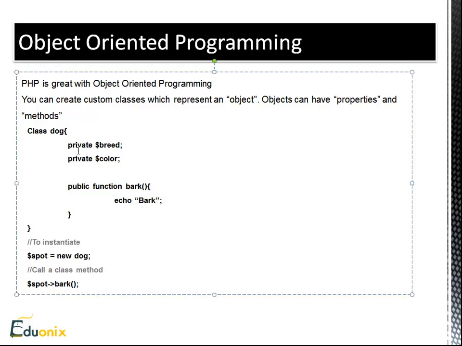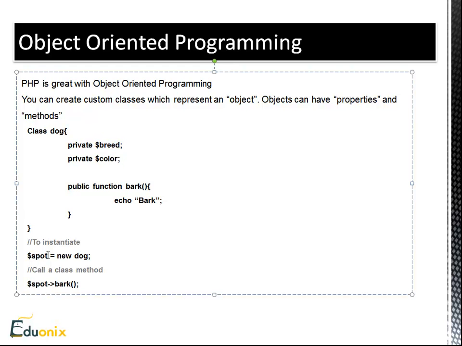And you might see these private and public. These are access identifiers. What this means is if it's private, you cannot access this property outside of the class. If it was public, you could directly access it. You could assign a value to it or whatever. What's popular to do in PHP is to have your functions or methods be public, and you use a function to access your properties instead of accessing them directly.